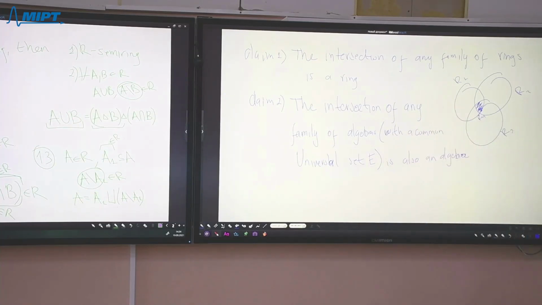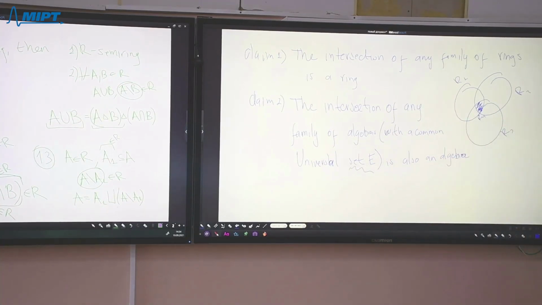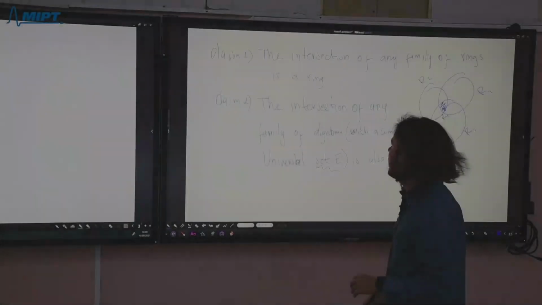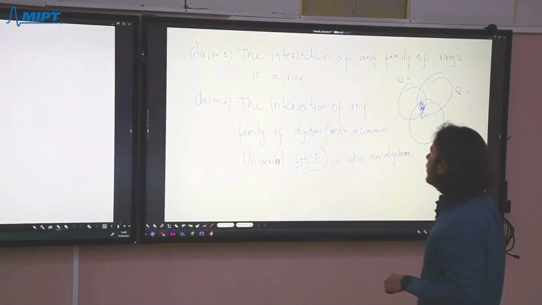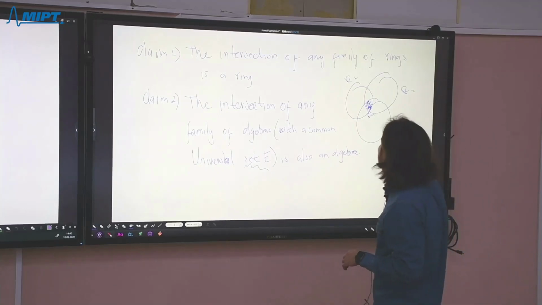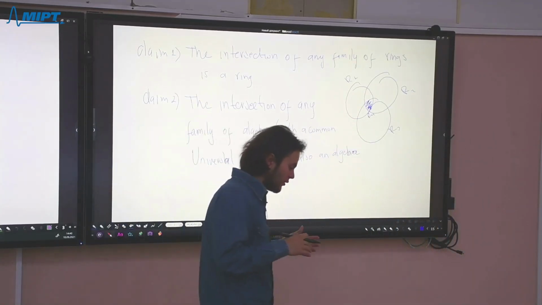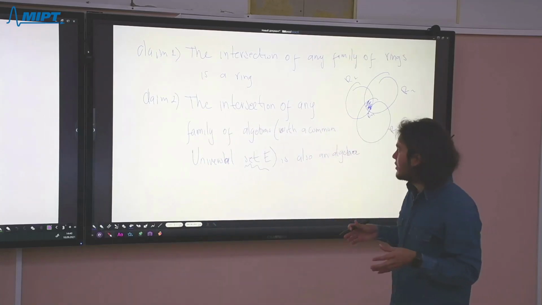So if we have some algebras and all of them have the same universal set E, then the intersection of all these algebras is also an algebra. So the intersection of any family of rings is a ring, and the intersection of any family of algebras is an algebra.